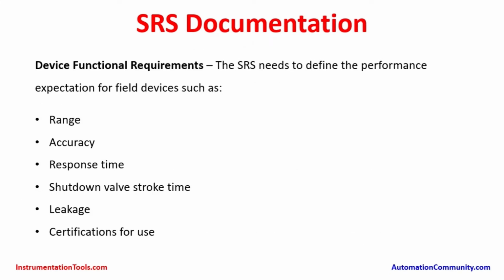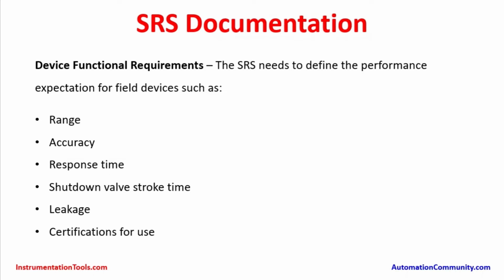Okay. Device functional requirements. The SRS needs to define the performance expectations for field devices such as range, accuracy, response time, shutdown valve stroke time, leakage, and certification for use. So these are the different parameters within the safety instrumented system that have to be taken care of for better performance of the instruments and valves.